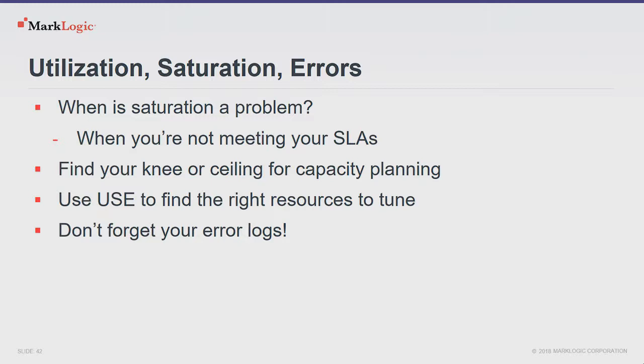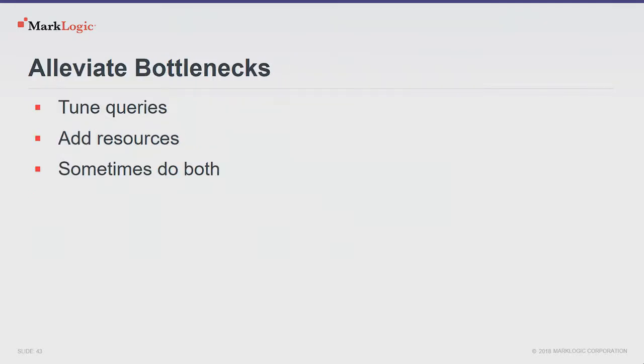It doesn't matter if your CPU is maxed out, if you're within your SLAs. It just gives you information that, okay, this is the capacity of this system. This is how far I can go. So finding your knee or your ceiling is important, as well as using USE to find the right resources to tune. And don't forget those error logs.